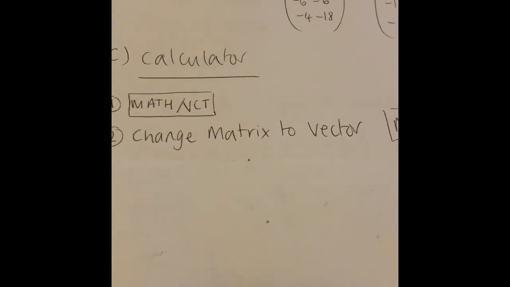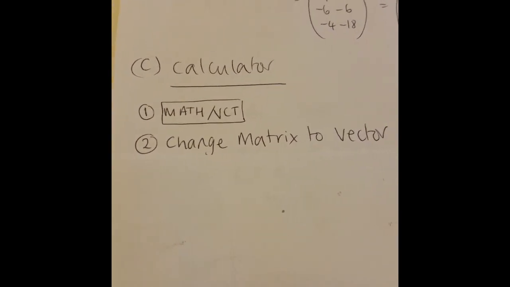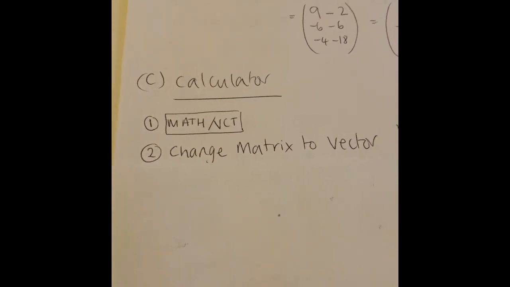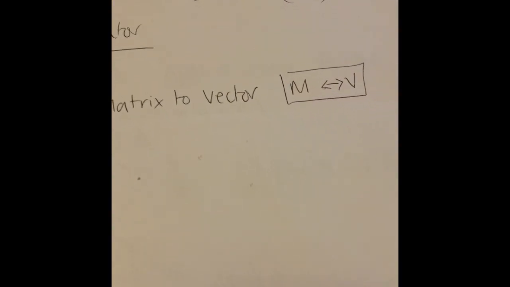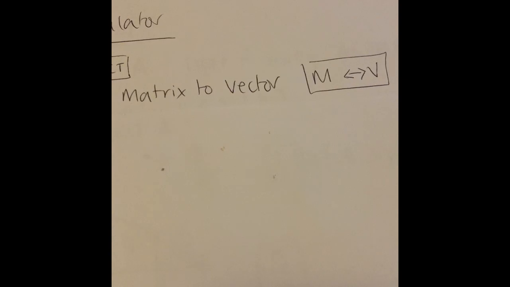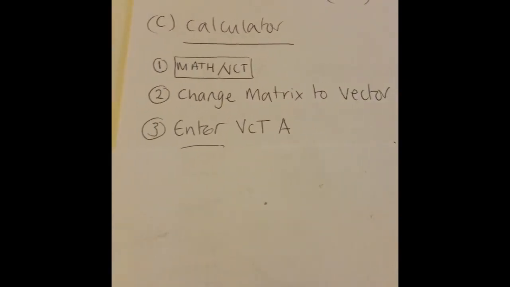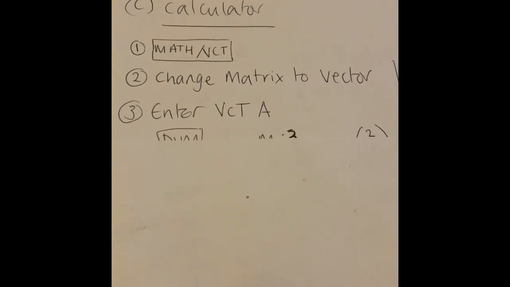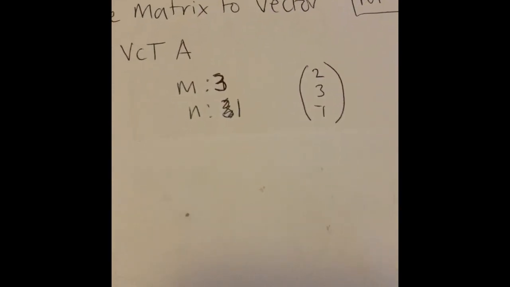You will be used to this for maybe storing matrices in Pure Core 1. You change the matrix to vector, and that's the button on your right above F6, and that will change it to vectors.